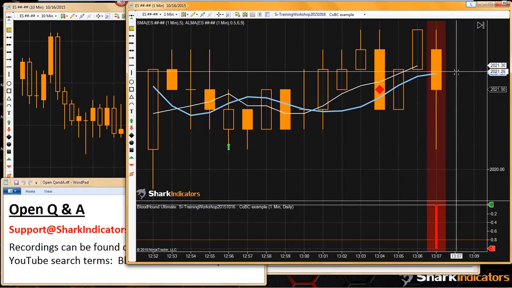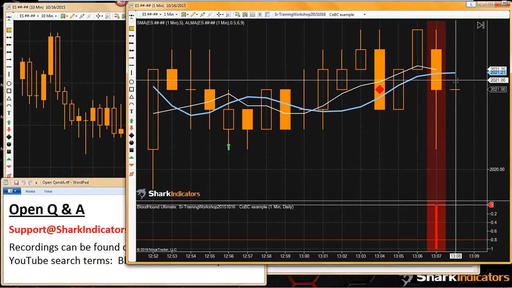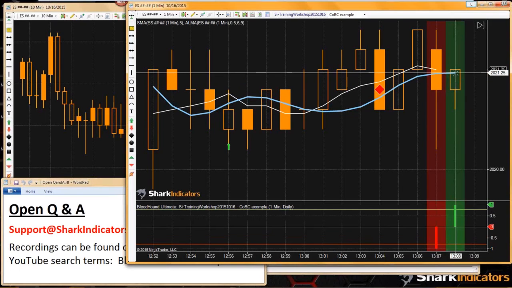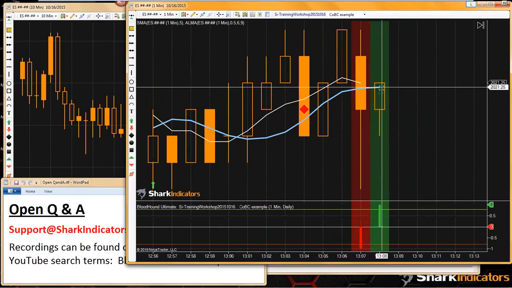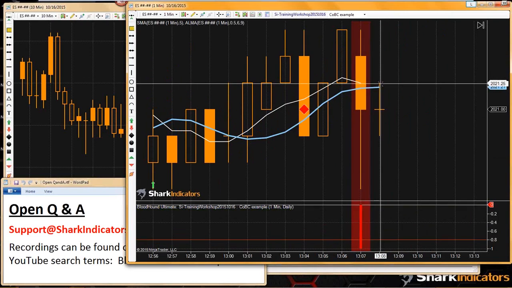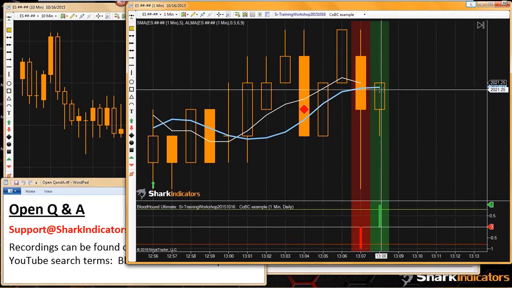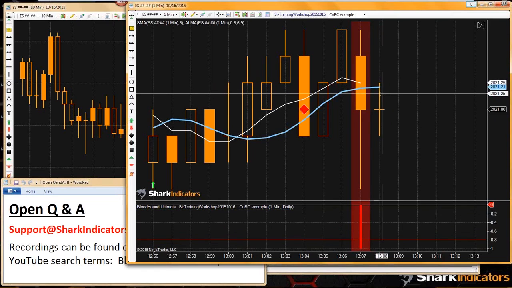Just a couple more ticks. All right, there we go. We can see when price crosses above the blue indicator, it's giving us a long. That could be your exit signal to exit a short position as price crosses that in real time.